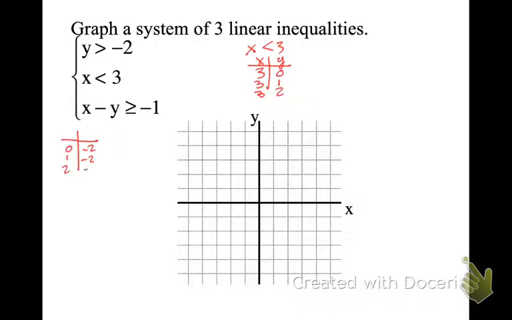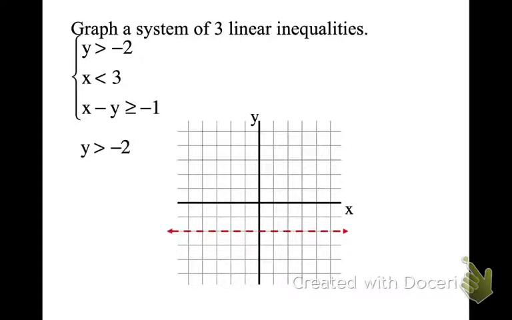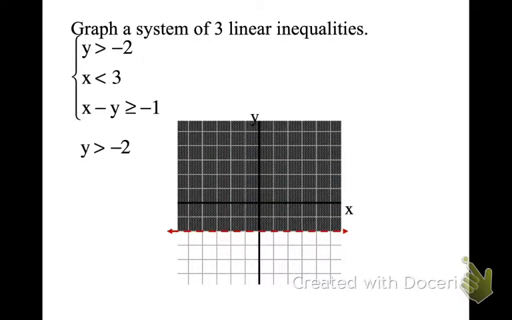And then the other one we can just plot. So let's start with it. We're going to do 0, -2, 0 across, -2, 1, 2. Okay. We're doing that, and 1 and 2, and we see it's a horizontal line, and because it's less than, it's dashed. And where we're going to shade is above the -2 on the y-axis. So that's getting shaded here.